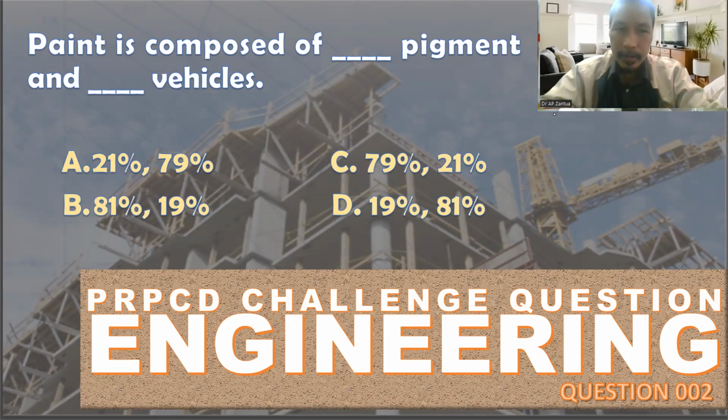Letter A, 21% pigment, 79% vehicle. Letter B, 81% pigment, 19% vehicle. Letter C, 79% pigment, 21% vehicle. And letter D, 19% pigment, 81% vehicle. Okay, so this is a challenge question, and your answer must be written in the comment section below.